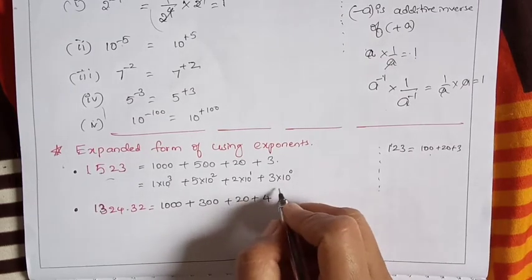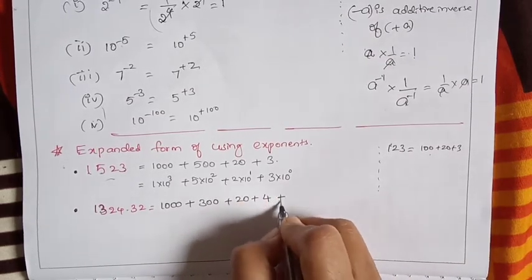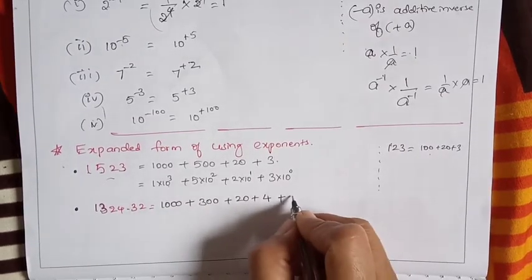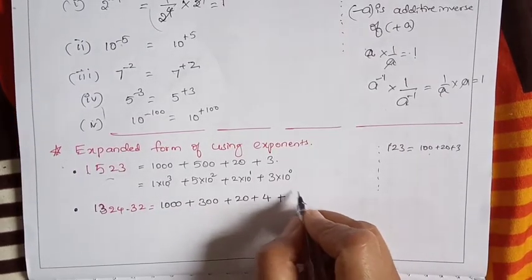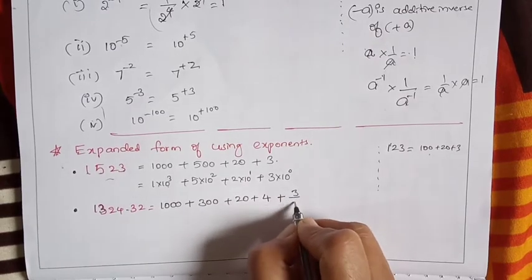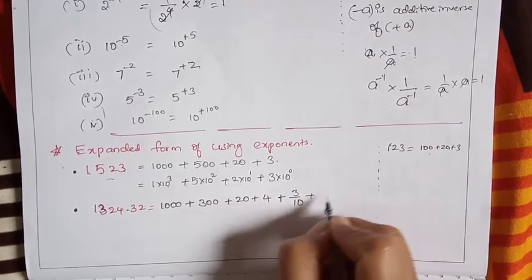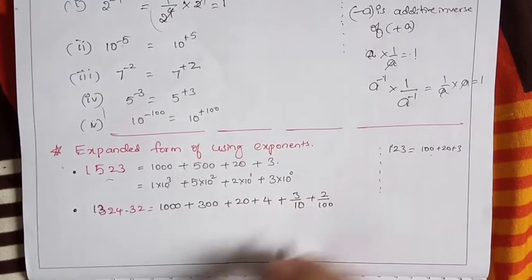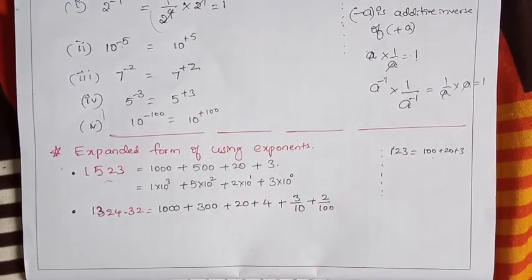Okay, again plus 0.3. Actually 0.3 is what? 3 by 10, plus 2 by 100. After the decimal we don't have units.